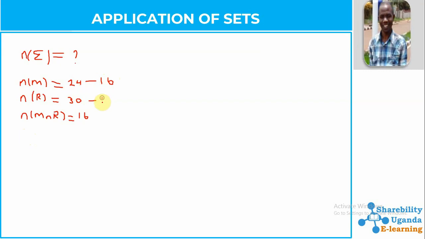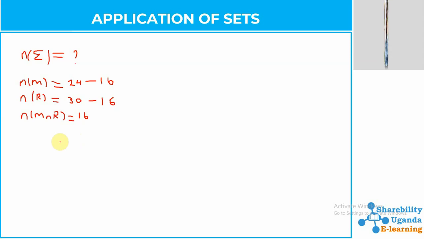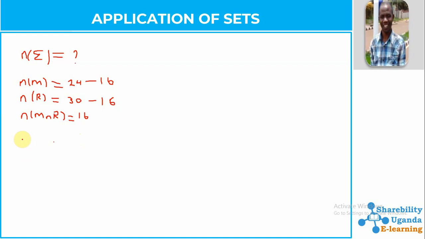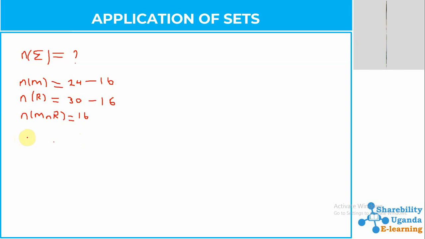Also here we subtract the same 16. Then after subtracting, we shall add those who are taking only one category of food.